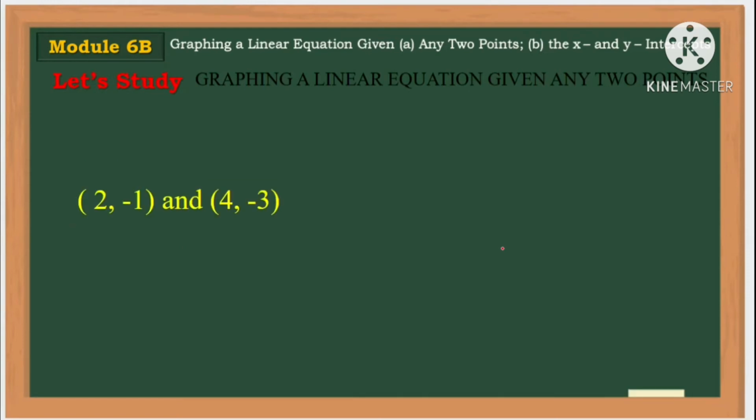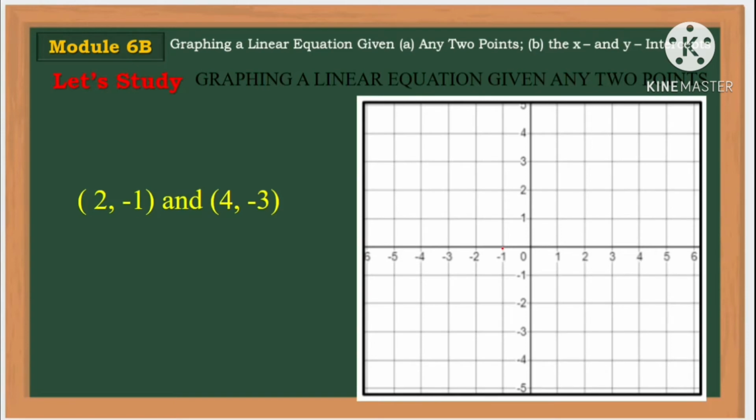Next, (2, -1) and (4, -3). So locate (2, -1). So x is 2, so here. Then y is -1, so this is the point. And (4, -3), so x is 4, then y is -3.